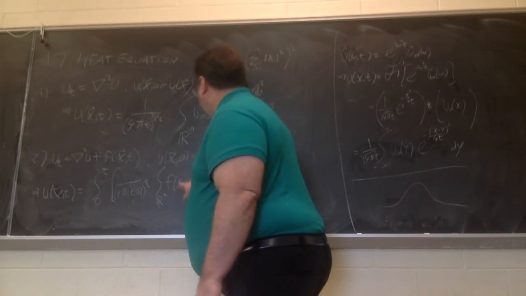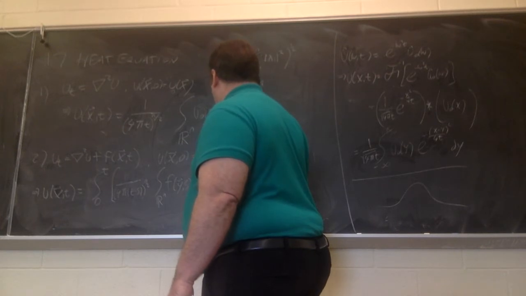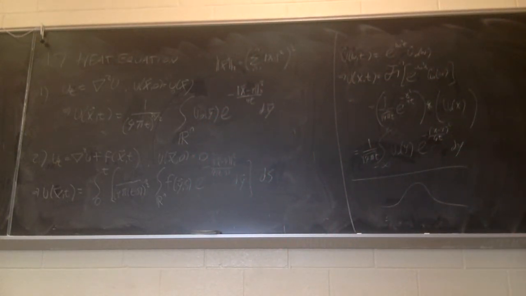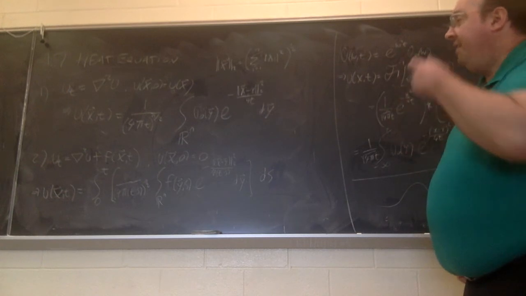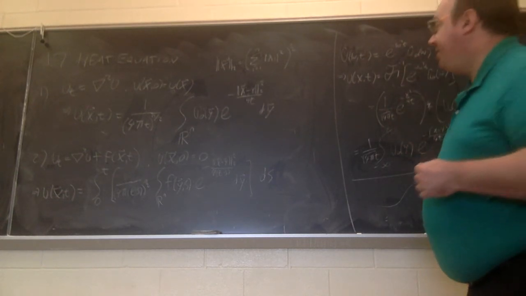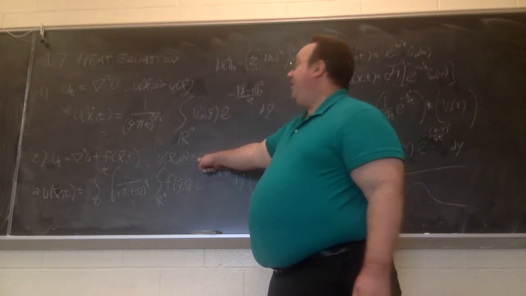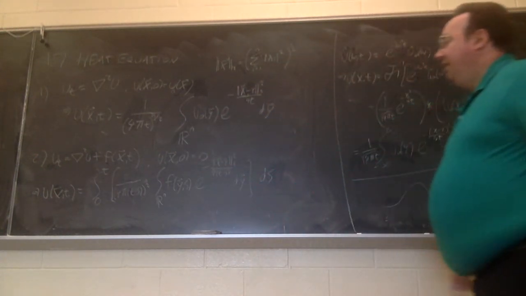Oh, sorry, that should be y. And this should also be y. Okay. So that's the solution to this inhomogeneous heat equation that has a source term to it. If there was initial data, I would just add this on. Okay.